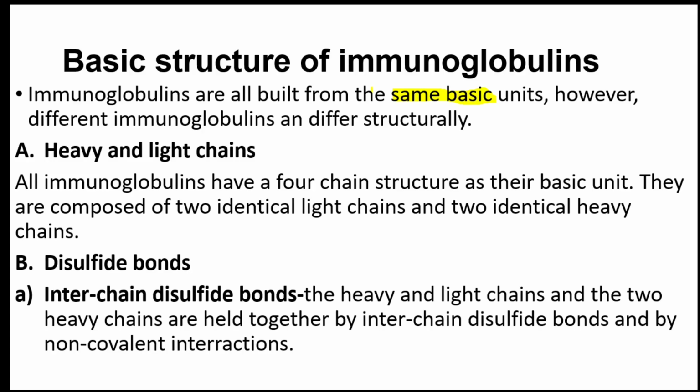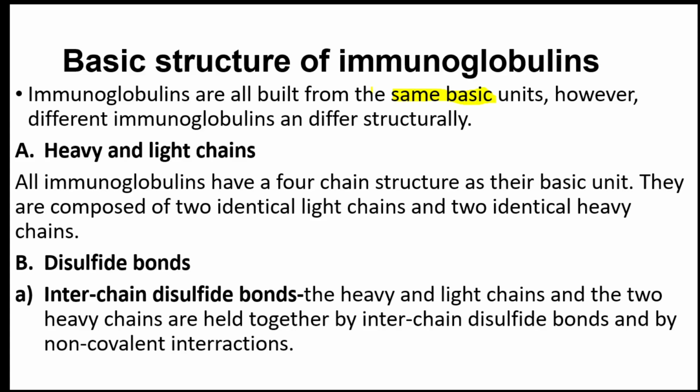Other than the heavy and light chains, we have the disulfide bonds. The disulfide bonds are in 2 forms. We have the interchain disulfide bonds. So here, the heavy and light chains and the 2 heavy chains are held together by interchain disulfide bonds and by non-covalent interactions.